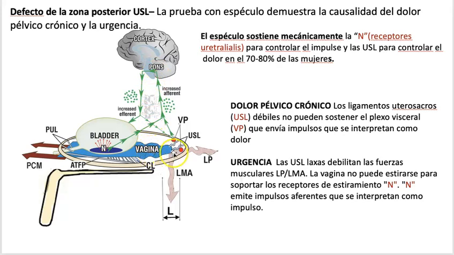But also, when you repair these, then it restores the contractile force of the muscles, and they can stretch the vagina to support the urothelial stretch receptors and prevent the afferent impulses, which are interpreted as urgency.